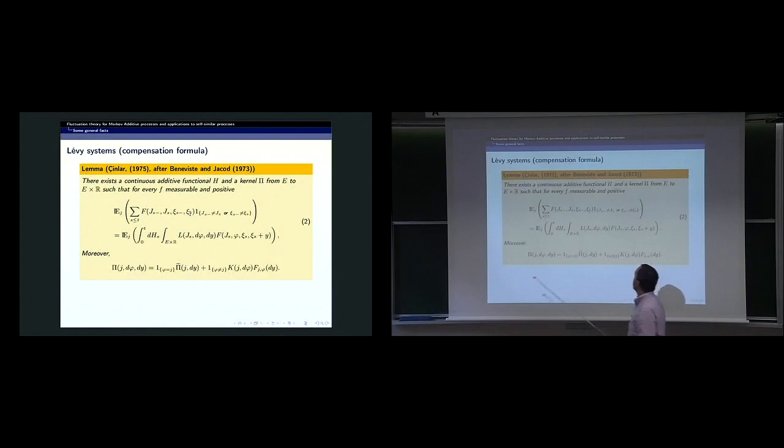They prove that there is an additive functional, the same additive functional H that appears in the Lévy-Khinchin formula, and the kernel pi, such that the sum of the jumps of the process, where we are observing from which position we are moving at time s in J, and from which position we are moving in psi. So we are moving from where we are moving to where we are moving.